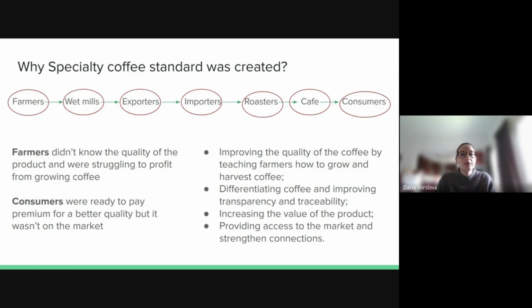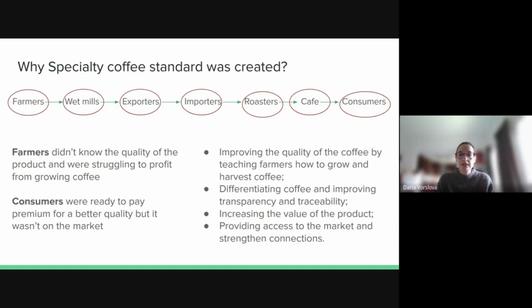And 30 years ago, it was already the third wave of coffee, if you remember that. People were perceiving coffee as a gastronomic product they can enjoy, and they were ready to pay more, but there just wasn't a product on the market.